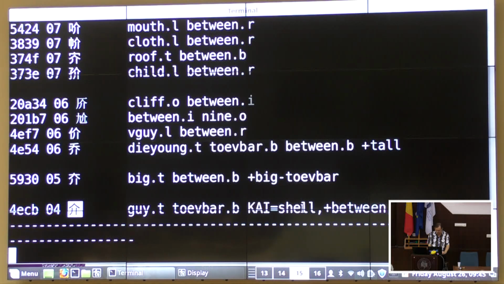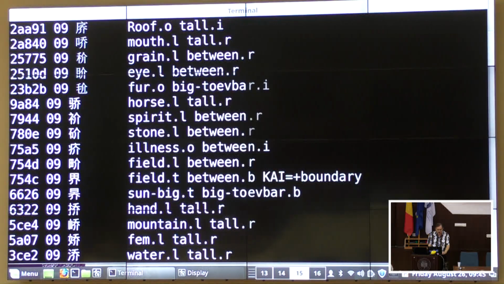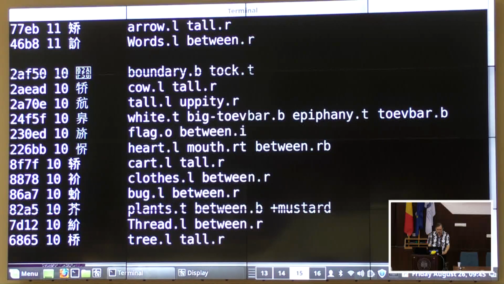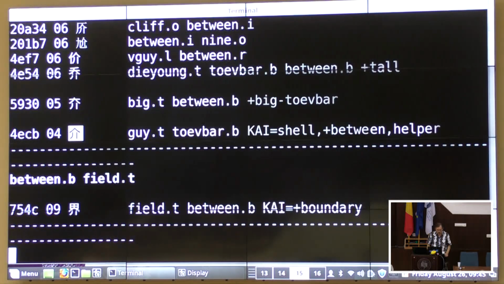But if you look up here a way, well, I'll just do it. Between on the bottom and field on the top. Okay, now notice this is also pronounced kai or jie. It's a descending tone, jie. Now this is field on the top and between on the bottom. So you want to have this idea of a boundary.